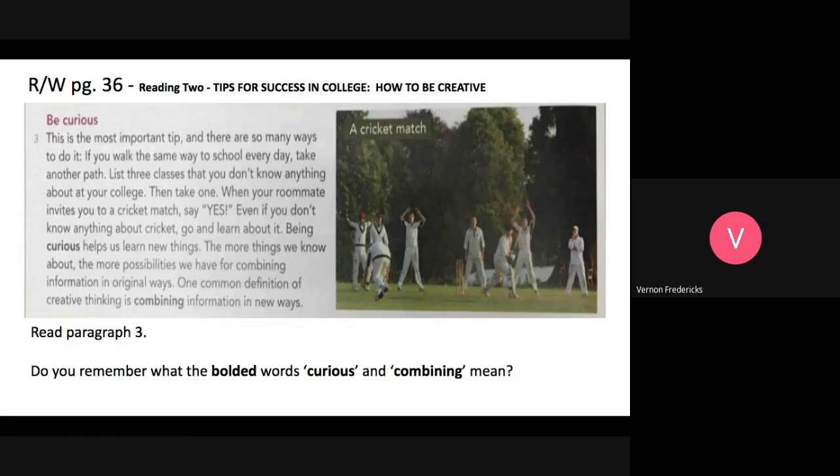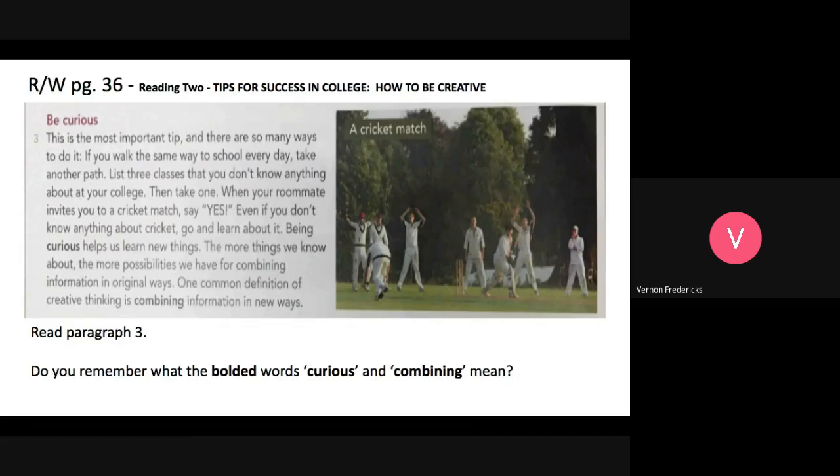When your roommate invites you to a cricket match, say yes. Even if you don't know anything about cricket, go and learn about it. Being curious helps us to learn new things. The more things we know about, the more possibilities we have for combining information in original ideas. One common definition of creative thinking is combining information in new ideas.